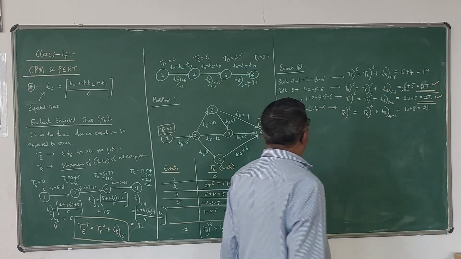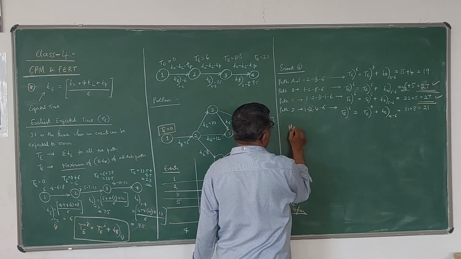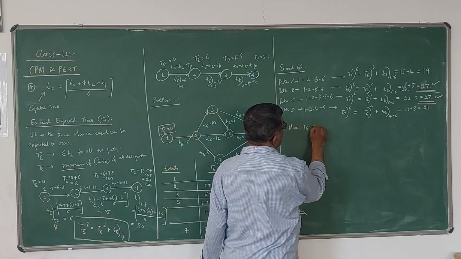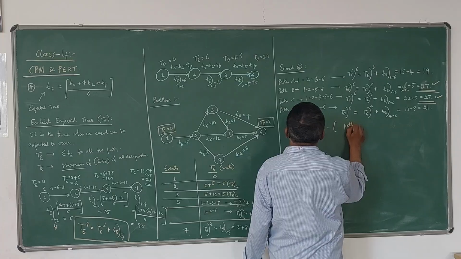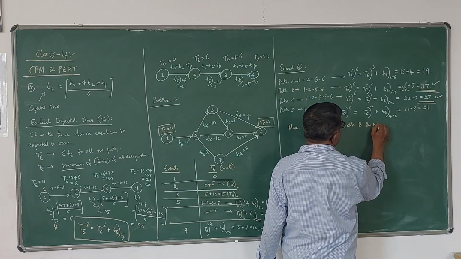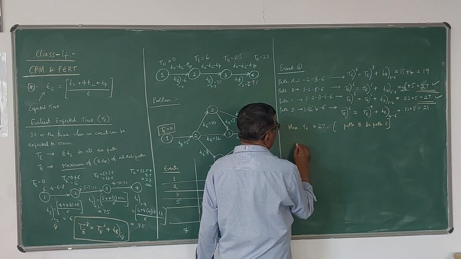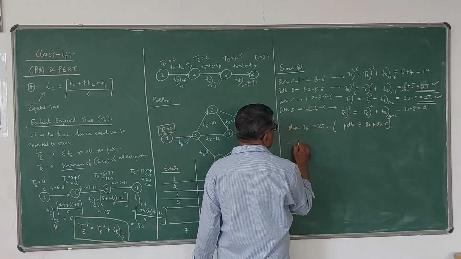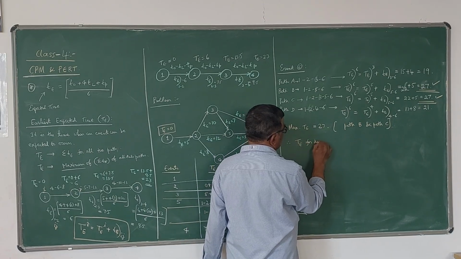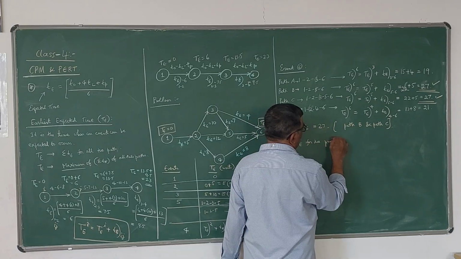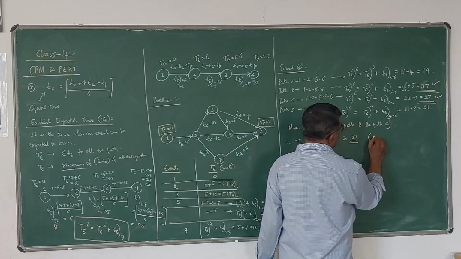So maximum TE is equal to 27, for both path B and path C. Therefore, the earliest expected time TE for the entire project is 27, maybe days or hours.